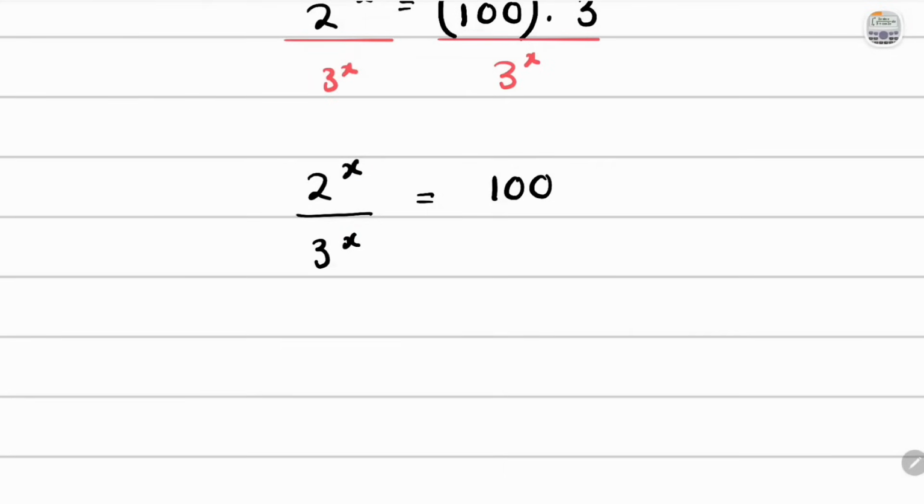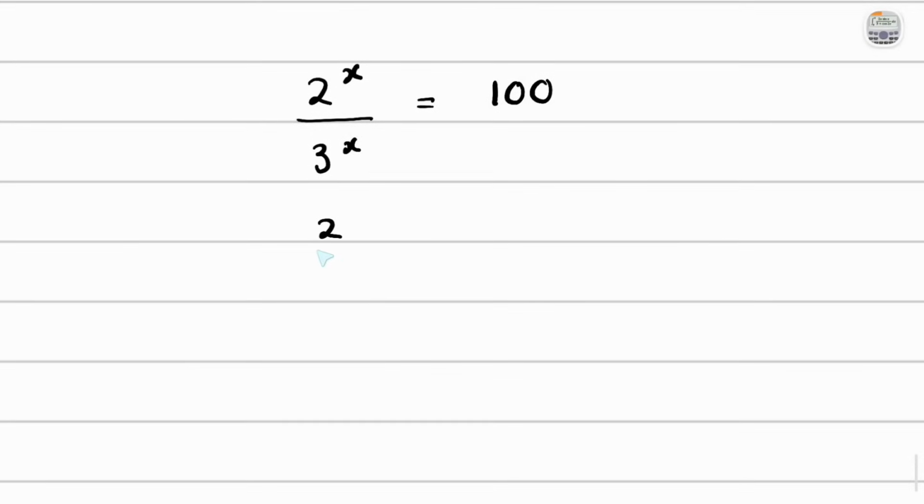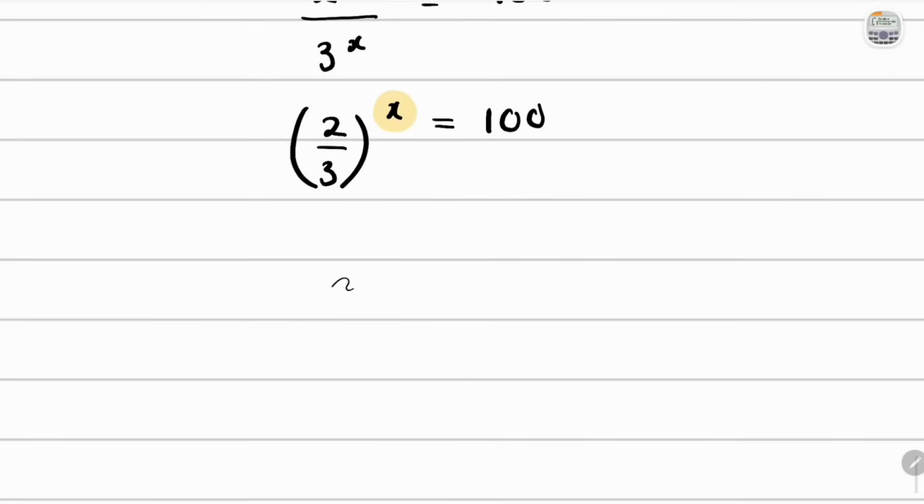Because they both have the exact same exponent, they can be written like this: (2/3) to the power of x is equal to 100. And all we're trying to do is to solve for x. You see that we can't just manually make 100 a base of 2/3, so we're going to have to use log here.